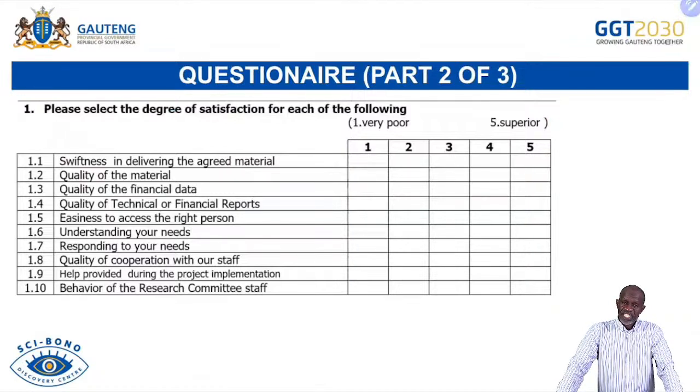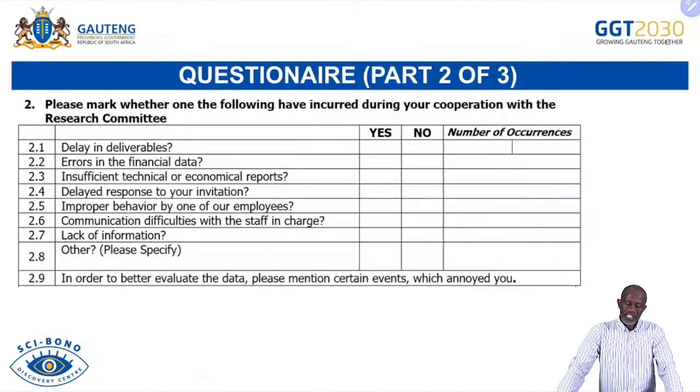So the relationship that you have with the staff, was it a good relationship, or you were helped in a way that you'd be satisfied as you leave the doors of a business? Behavior of the research committee staff. So these are some of the questions that you'll come across in a questionnaire.